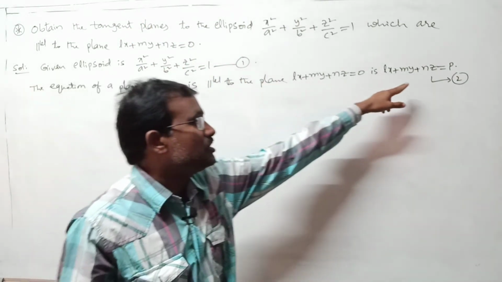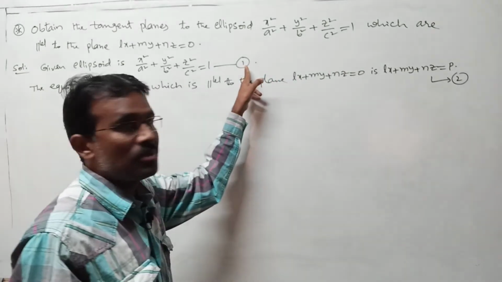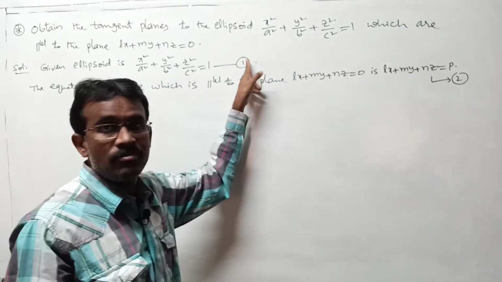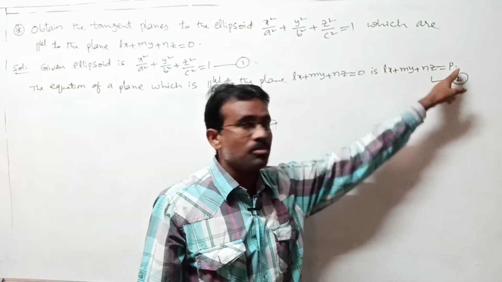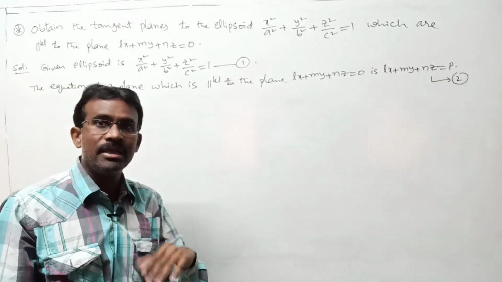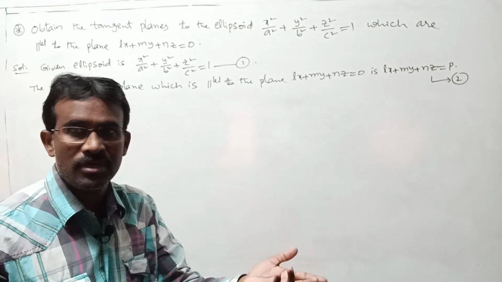In the statement they have given that plane 2 is parallel to this. Whenever this is parallel to this, we did one question: the value of P should be plus or minus the square root of a²l² + b²m² + c²n². Directly I am writing that.